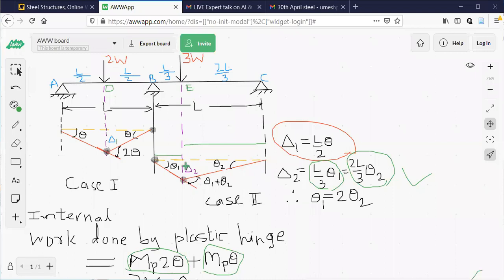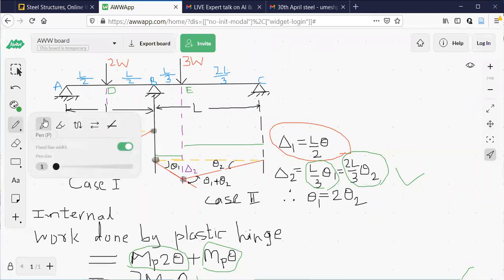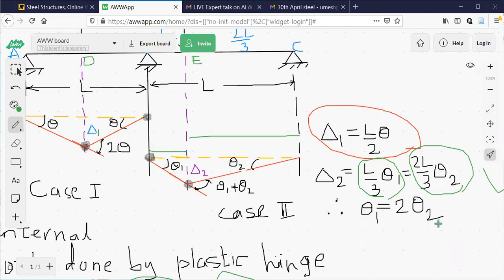But here you tell me, this theta 1, I'll replace it with what? 2 theta 2. Observe, this theta 1 is here, no? This theta 1 can be replaced with 2 theta 2, so I can write 2 theta 2 here.